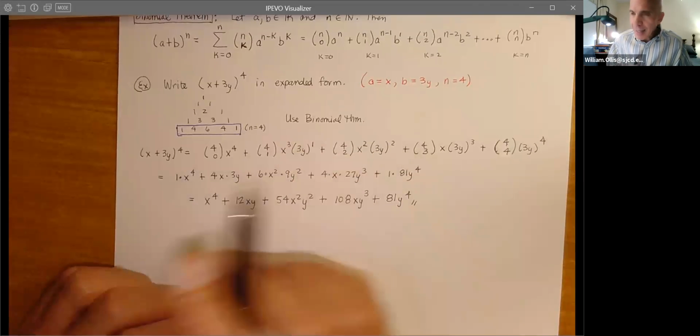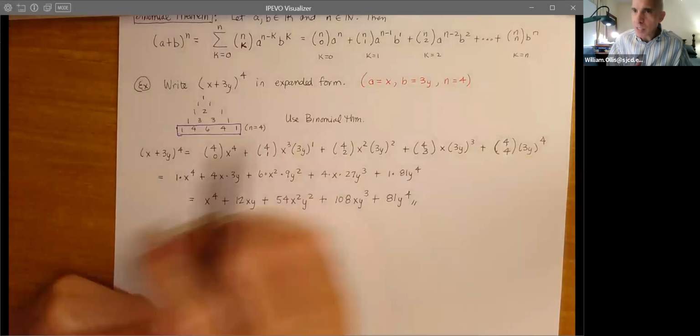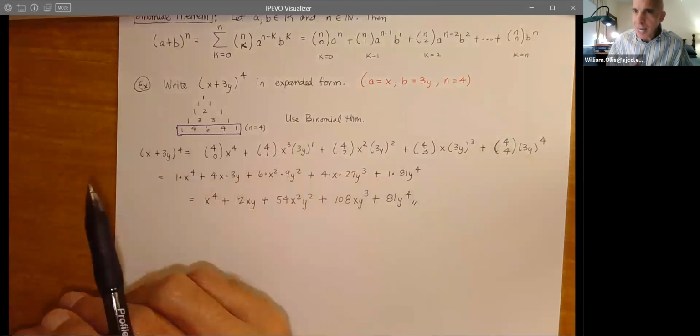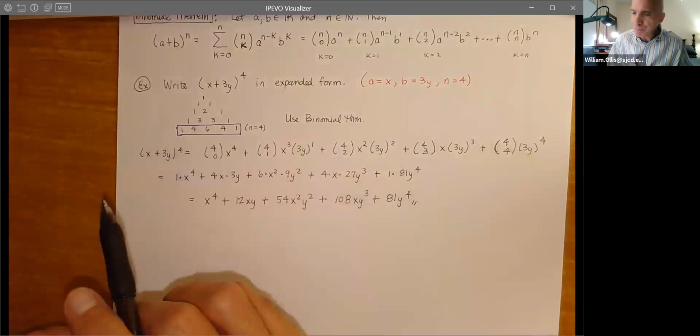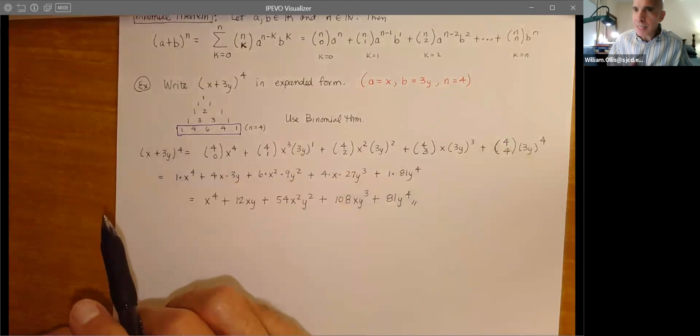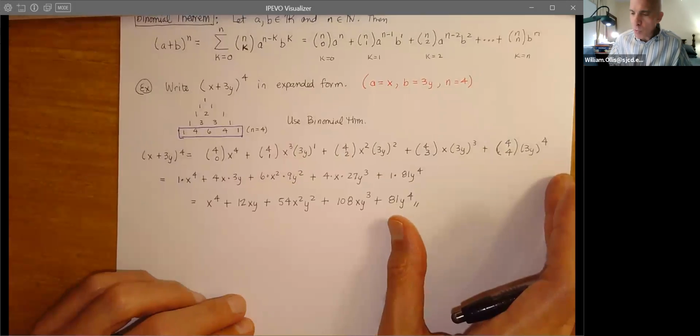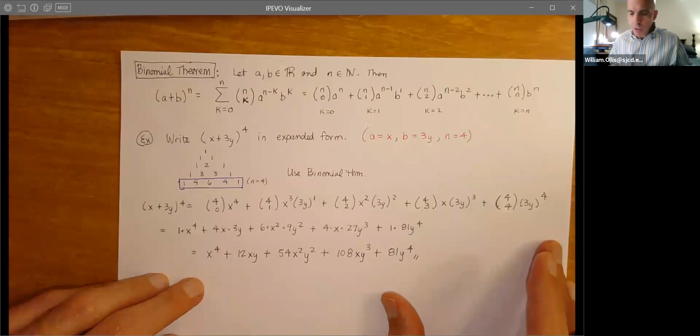But you might get tired of writing down all those long strings of numbers. Maybe it's better just to have the Pascal and fill it in. So again, the binomial theorem, at least for n a positive integer, is a big time saver. So let's look at one more example, and then we'll look at the theorem proof.